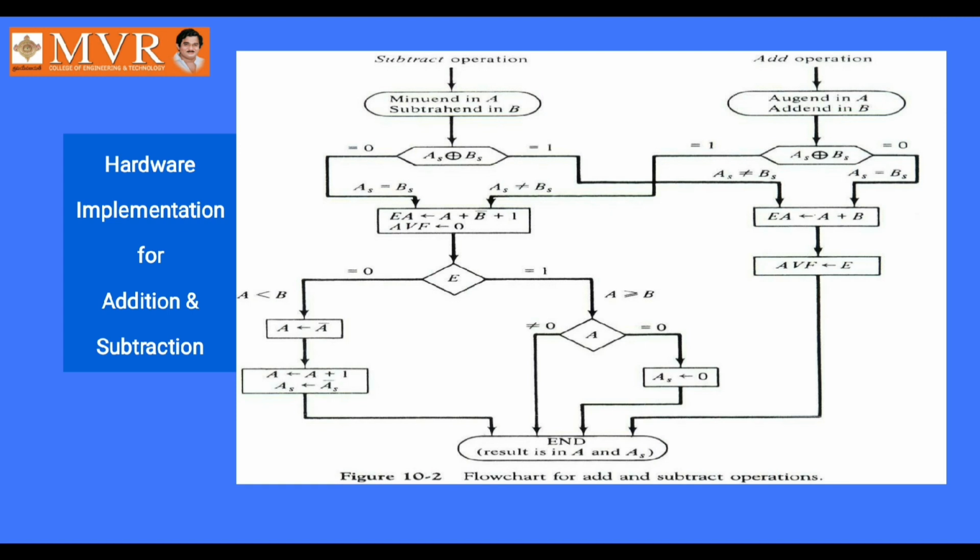If the A sign bit and B sign bit are both equal, meaning both are 0 or both are 1, then you will get A S XOR B S as 0. Both are equal. If they are not equal, the result is 1, and that's why we are using the XOR operation here.